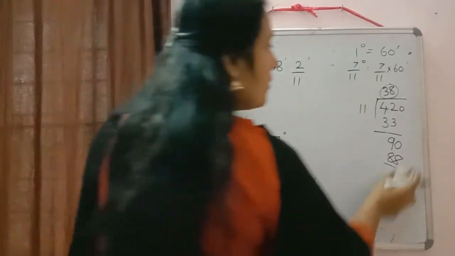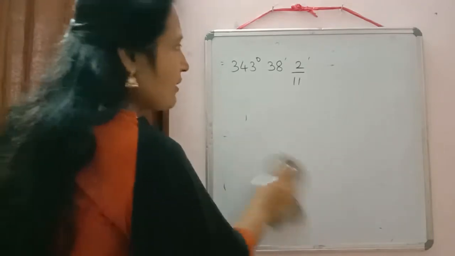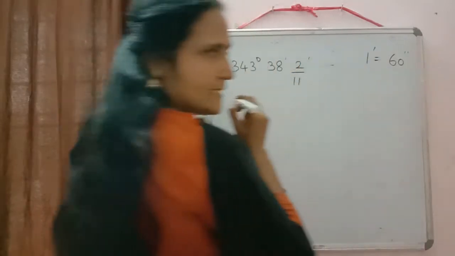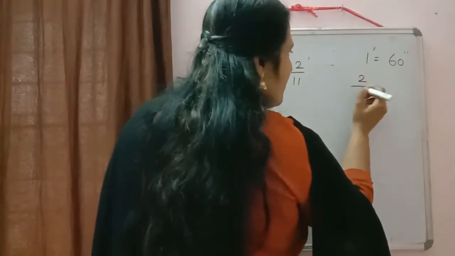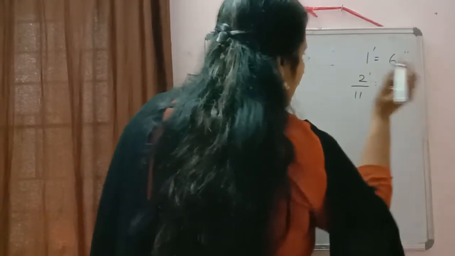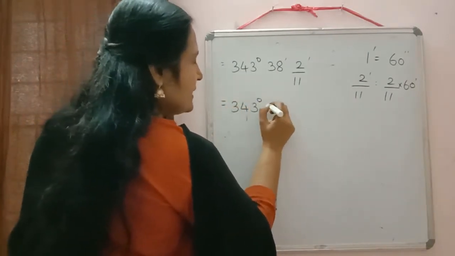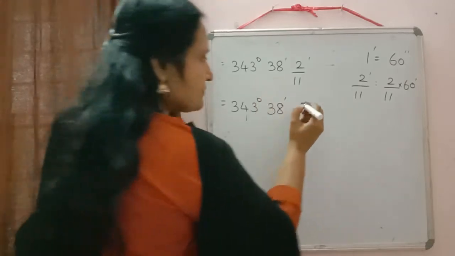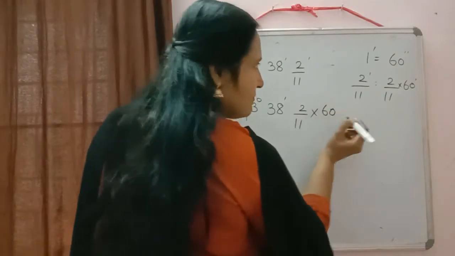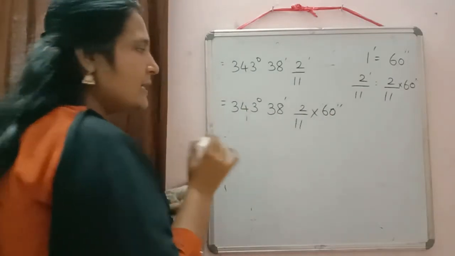And as we know, a minute can also be converted into seconds. Again, 1 minute is equal to how many seconds? 60 seconds. Therefore, 2 by 11 minute will be equal to 2 by 11 into 60 seconds.